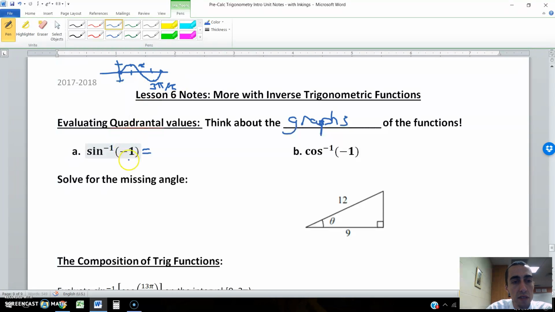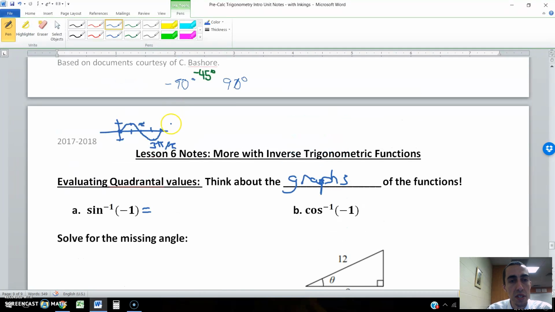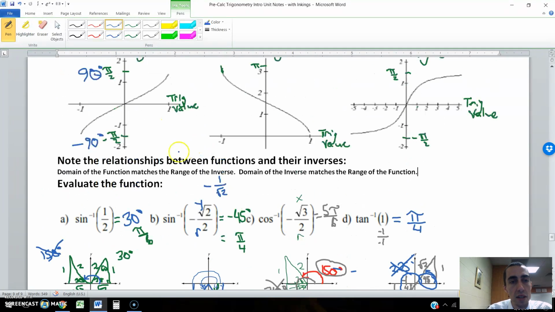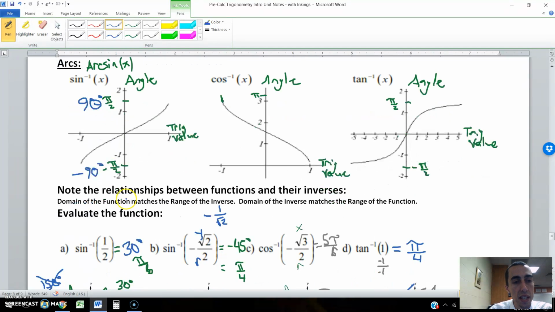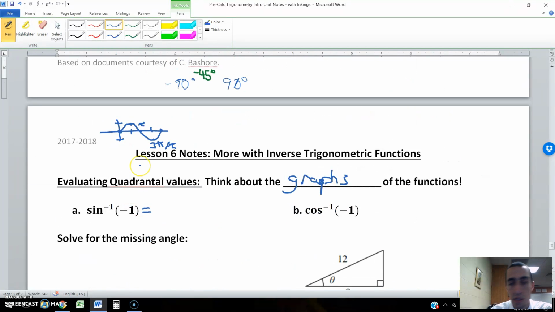it hits -1. But remember that 3 pi over 2, or 270 degrees, is not part of the outputs for our inverse sine graph. Remember, the outputs have to be between 90 degrees and -90 degrees. So let's back up a little bit on our sine graph.